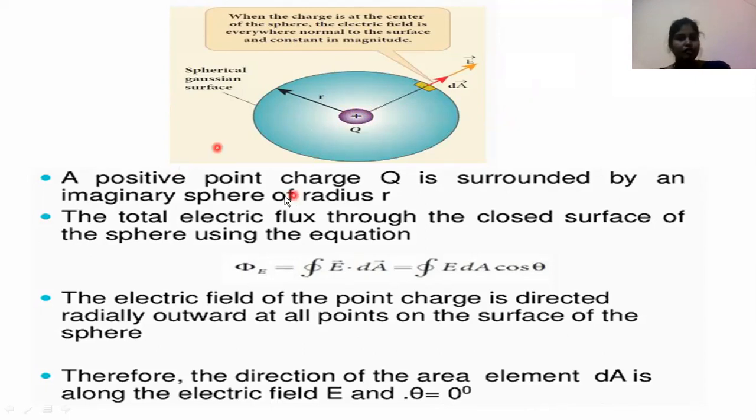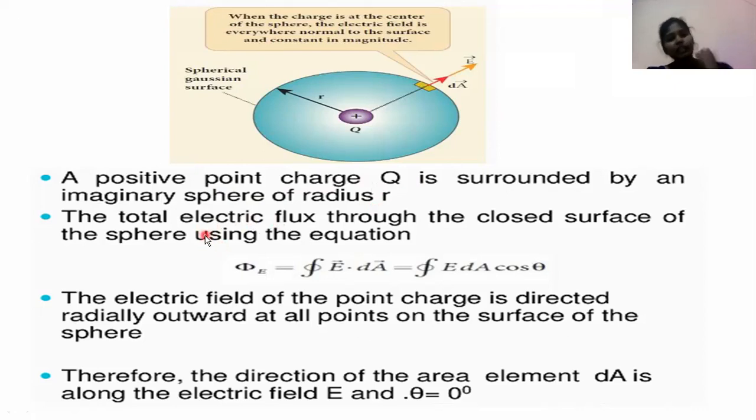So a positive point charge is surrounded by an imaginary sphere of radius r. We assume that imaginary sphere to find the flux through it. This is the charge Q, and this is the Gaussian sphere of radius r.